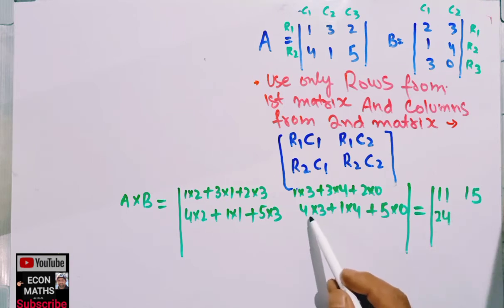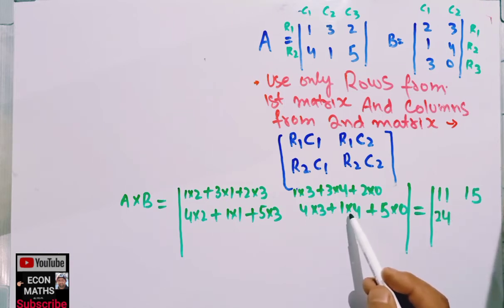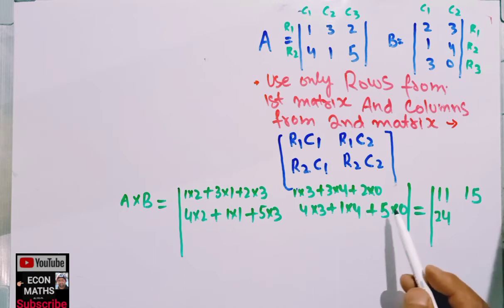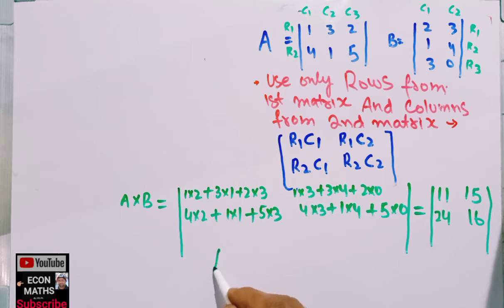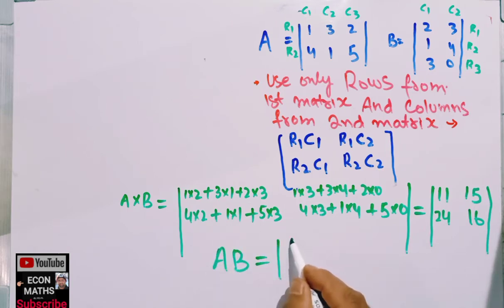Similarly, this is 12 and 1 fours are 4, so 12 plus 4 is 16, plus 5 into 0 is 0, so here it is 16. So AB is equal to 11, 15, 24 and 16.